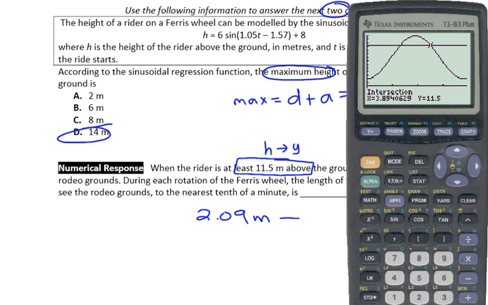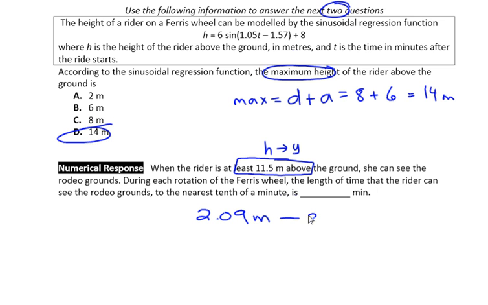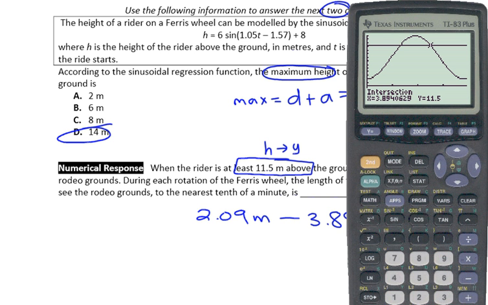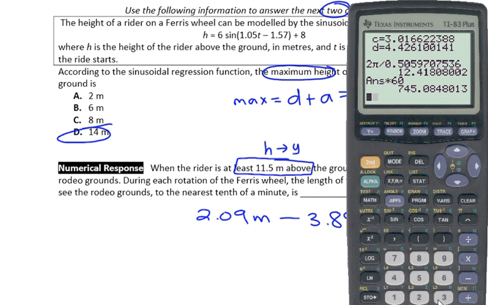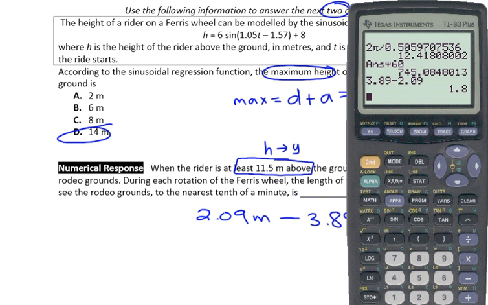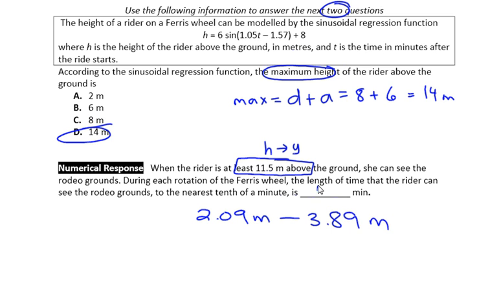And 3.89. So subtracting these two, we get 1.8. And it says to the nearest tenth, right? 1.8. Can't have a negative. Okay.